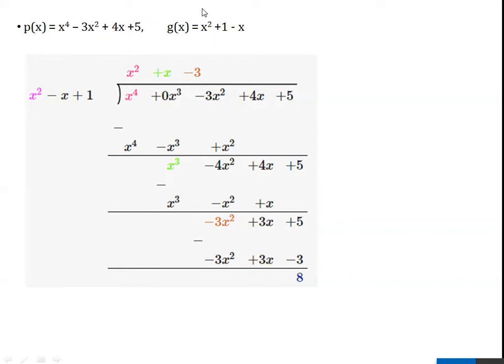Then here in g of x, you can see that the terms are not in order. So here we first arrange the terms of the dividend and the divisor in the decreasing order of their degrees. Here it's 4, then 3, 2, 1, 0.